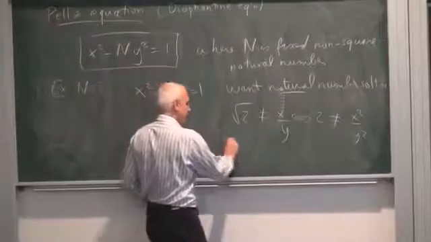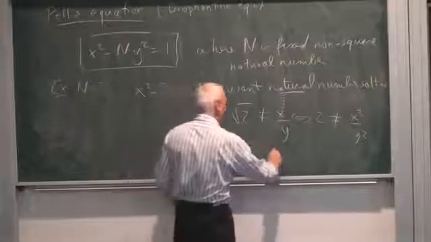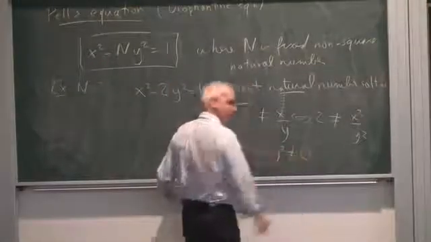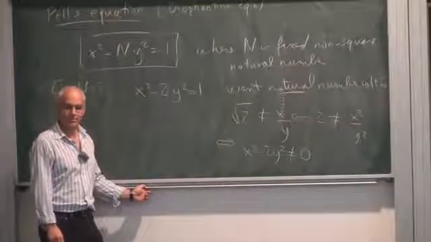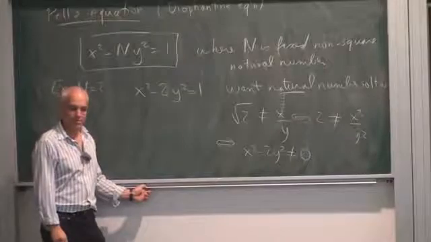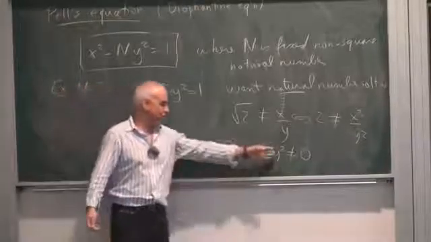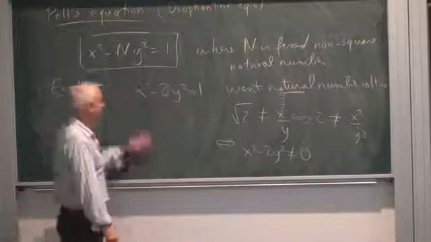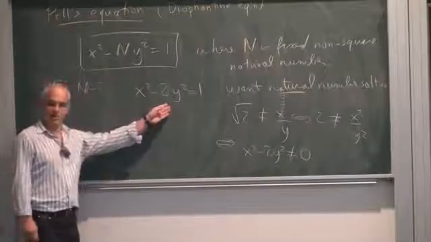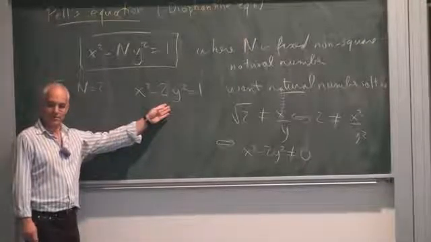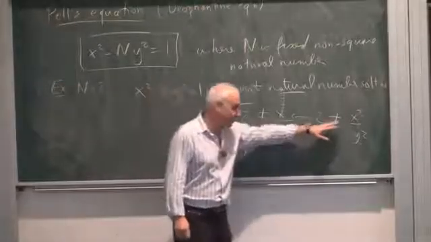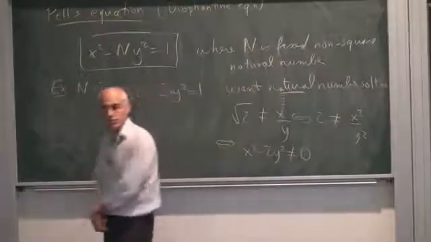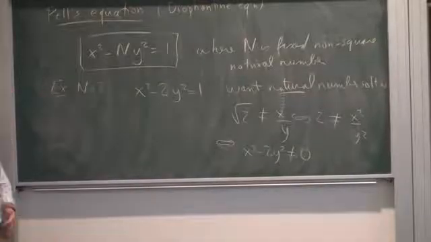And that's the same as saying that we can't solve x squared minus 2y squared equals 0. Okay, so we can't solve x squared minus 2y squared equals 0. But this is pretty close. And if we solve this, then we'll have something that's reasonably close to square root of 2. The ratio x over y should be reasonably close to the square root of 2.